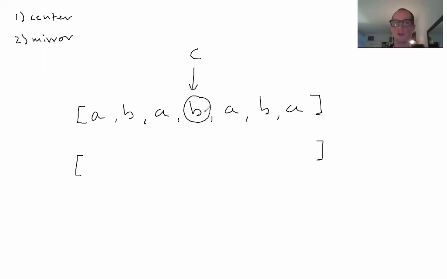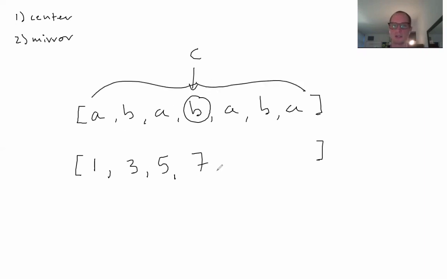So let's fill these values in and talk about the ideas behind using the center and the mirror. This is a palindrome of length 1 at this position here. This is a palindrome of length 3 around B. This here is a palindrome of length 5 around A. And finally, this is the palindrome of the entire array, and it's of length 7.